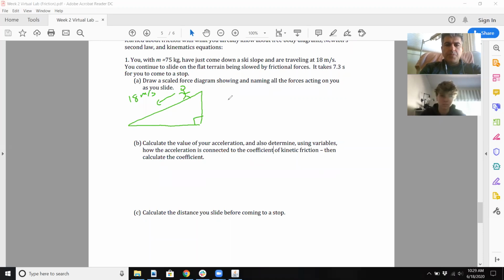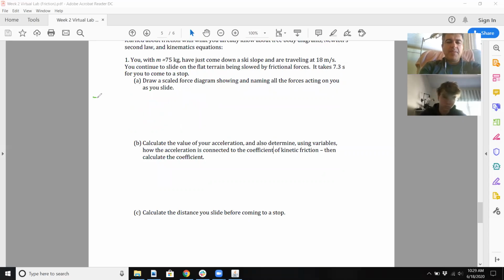So we do know that we are coming to a flat terrain. We just came down a ski slope. Got it. Duh. Sorry about that. Okay, so you've got to read carefully.